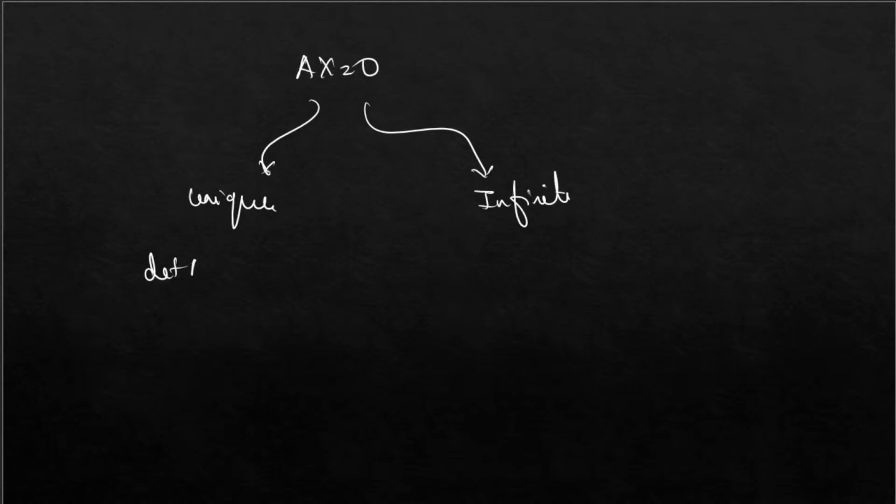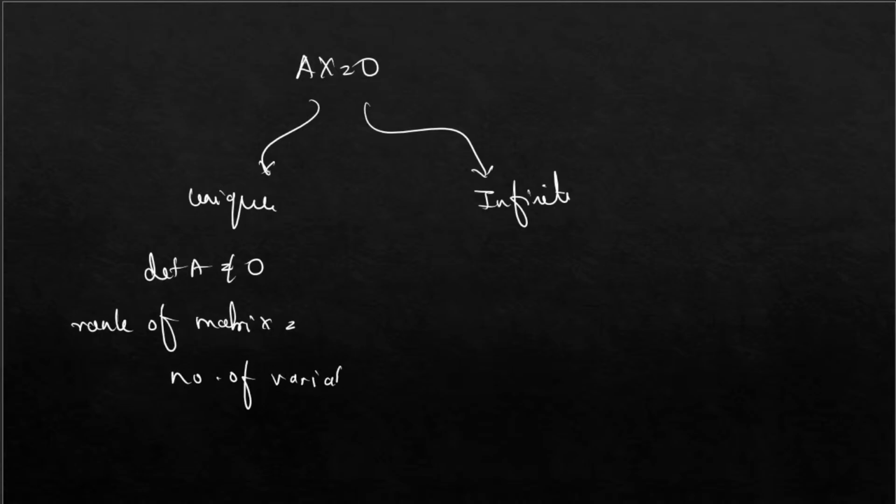So if the determinant of A is not equal to 0, the rank of the matrix is equal to the number of variables. So it is unique, it is the trivial solution.